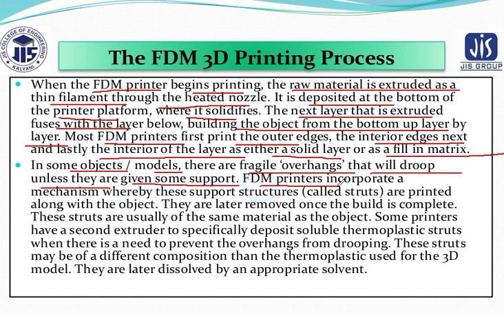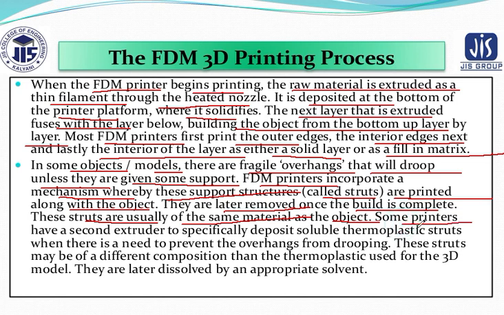FDM printers incorporate a mechanism whereby this support structure, which is called struts, can be vertical, horizontal, or inclined. These supports are also printed along with the object. Later they are removed once the building is completed.